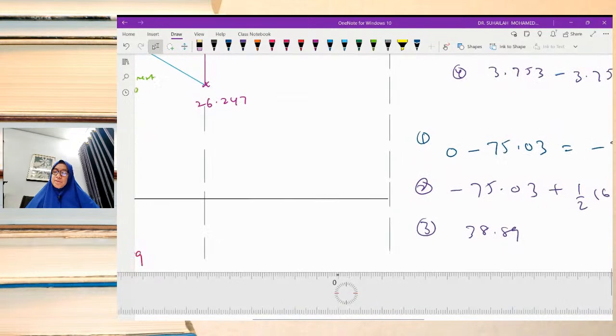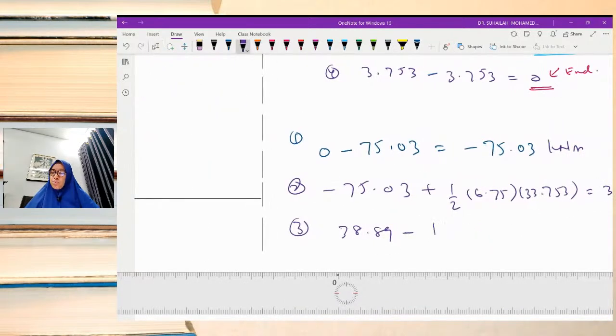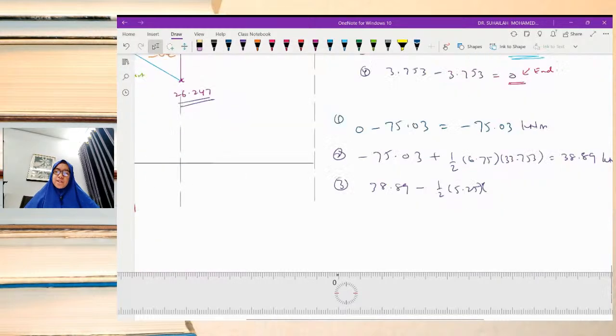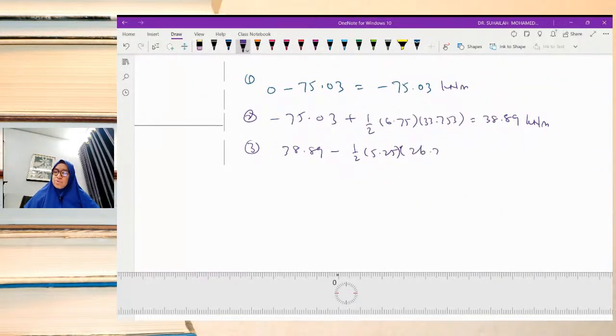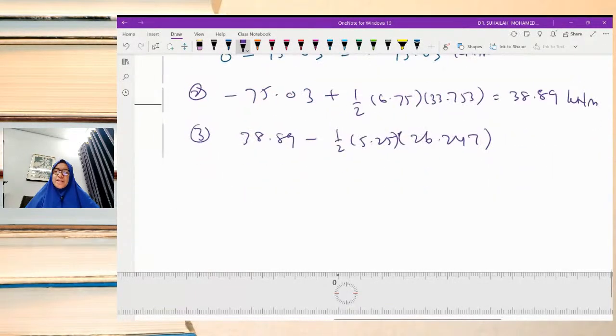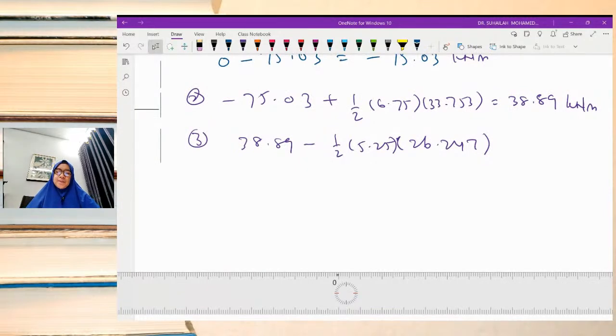It is minus 1/2 times 5.25 times 26.247. Okay, please calculate 38.89 minus half times 5.25 times 26.247. What is the answer?